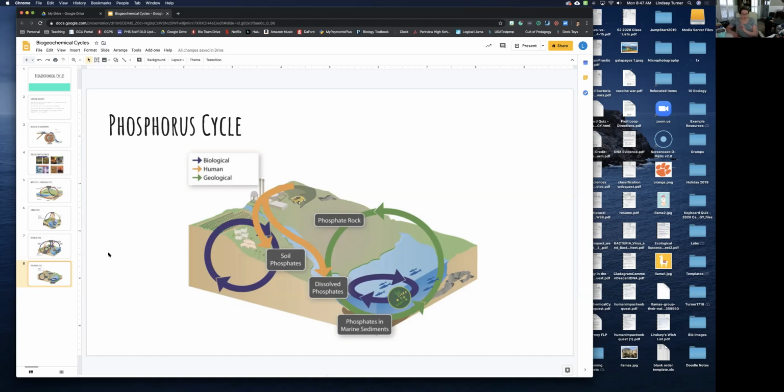So again, there's no phosphorus in the air that you're breathing. It's all in land and land products, more or less. And so phosphorus cycles through biological processes, which would be plants and animals that are going to assist in the movement of the phosphorus through the biosphere, through different ecosystems.